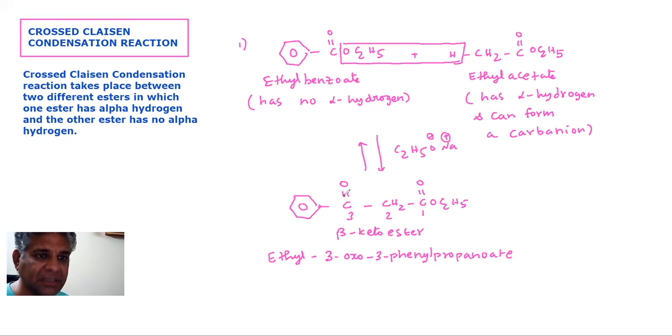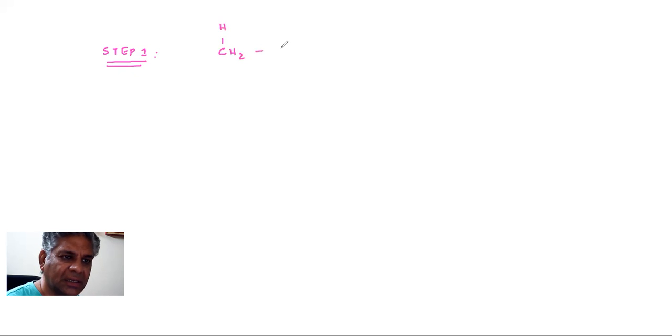Now let us write down the mechanism for this crossed Claisen condensation reaction. Now this is very simple. Now step 1 as usual. Now these steps I already told you. See here. Now step 1 is the CH3 and then C double bond O C2H5.